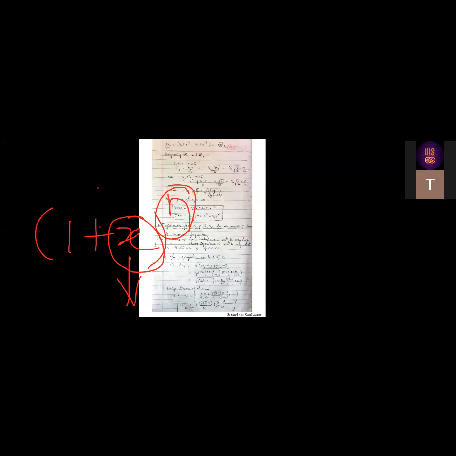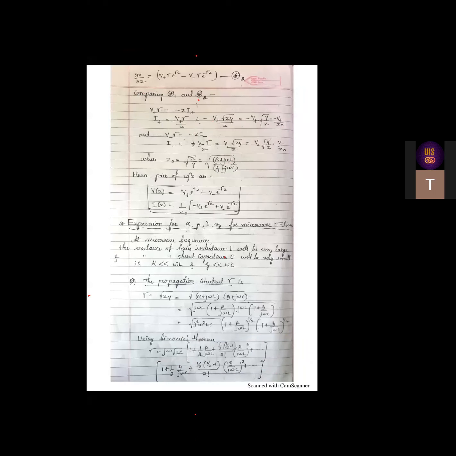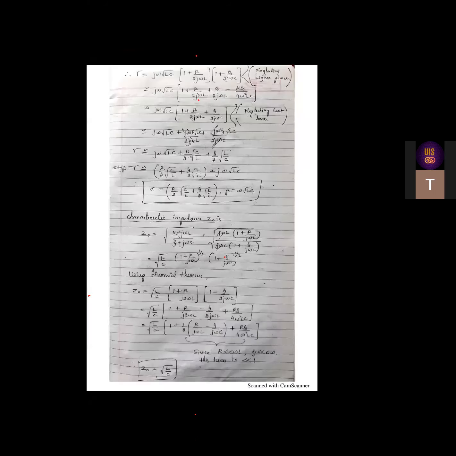Now let me come back to our discussion. I have expanded the two brackets here; you can see the square bracket I have put, and outside it j omega root LC. Let us continue with the simplification.